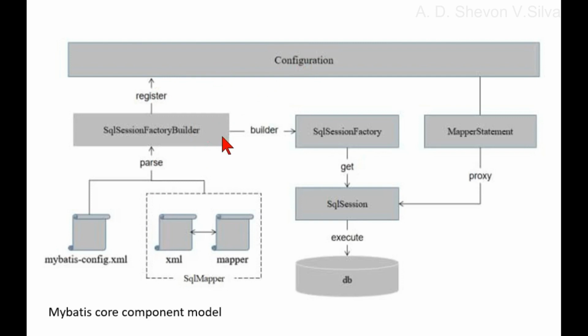Here the SQL session factory builder is connected to the SQL session factory via builder. The SQL session factory is connected to SQL session via get, and here configuration interacts with mapper statement. Mapper statement is connected to SQL session via proxy. SQL session is connected to DB via execute.